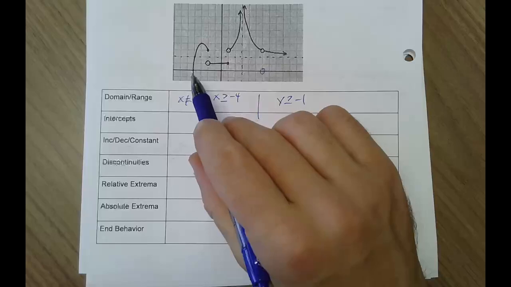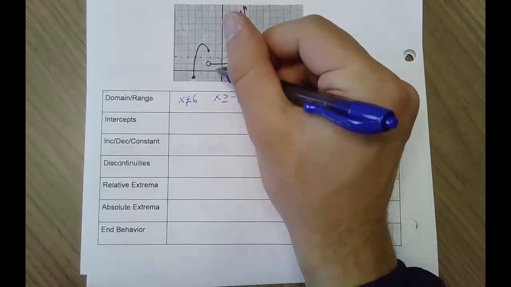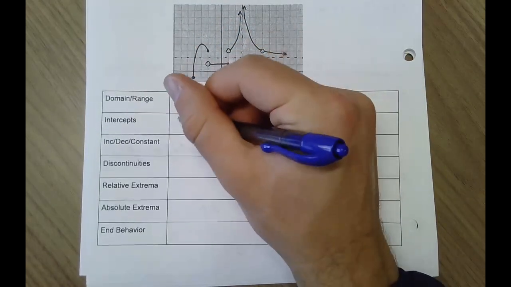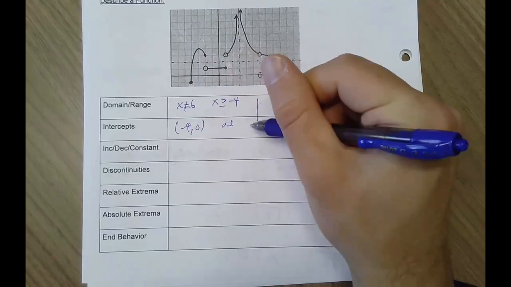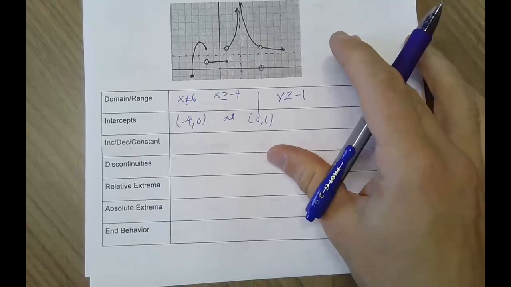Okay, intercepts, well, there's 2 here, it'd be 1, 2, 3, it'd be -4, 0, and 0, 1 for the y-intercept.